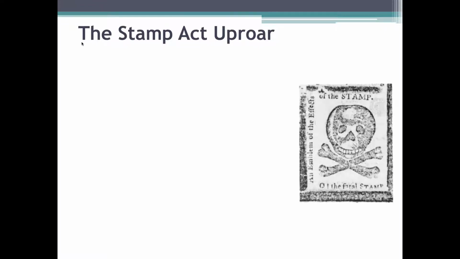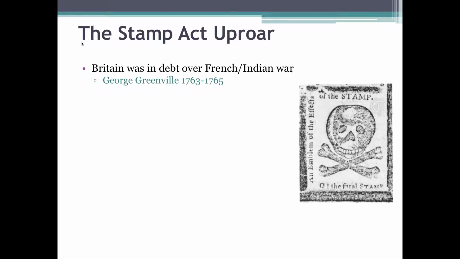We'll start with what is happening right after the French-Indian War has come to an end. You may remember we talked about this war in Europe known as the Seven Years' War, the French-Indian War here in colonial America.